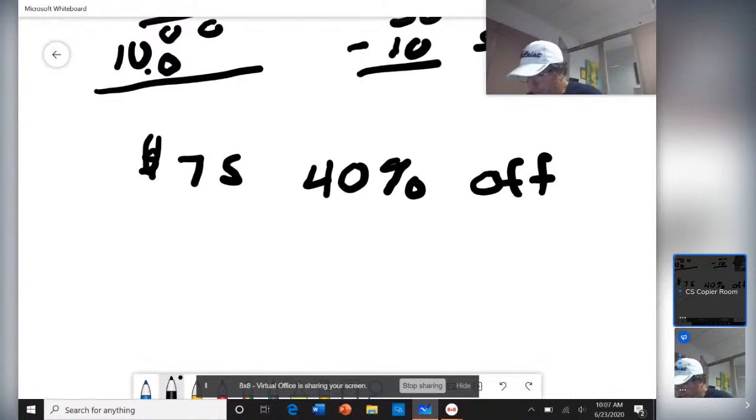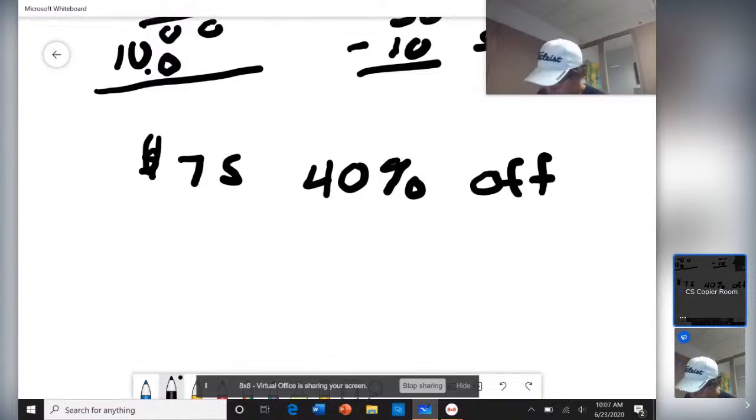And half of 75 would be $37.50. So we know it's going to be a little bit less than $37. It just gives you kind of a frame. So if you come up with an answer that doesn't seem right, you can get the visual that, oh, okay, that doesn't seem right, because if it was 50% off, it'd only be $37. So you can really look at what the percentage is so you get an idea.